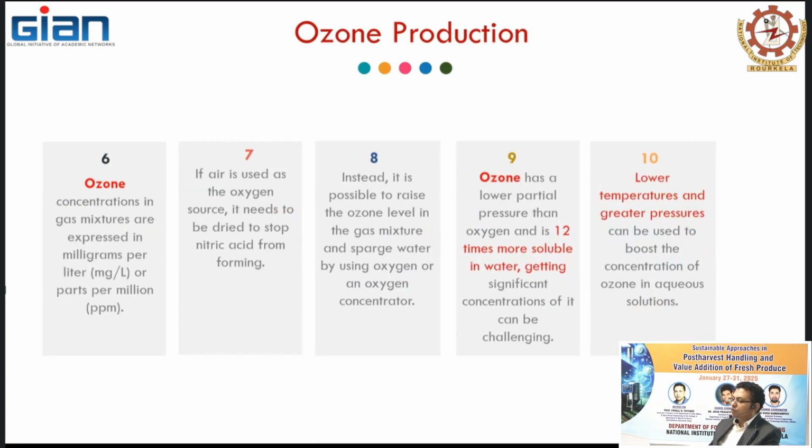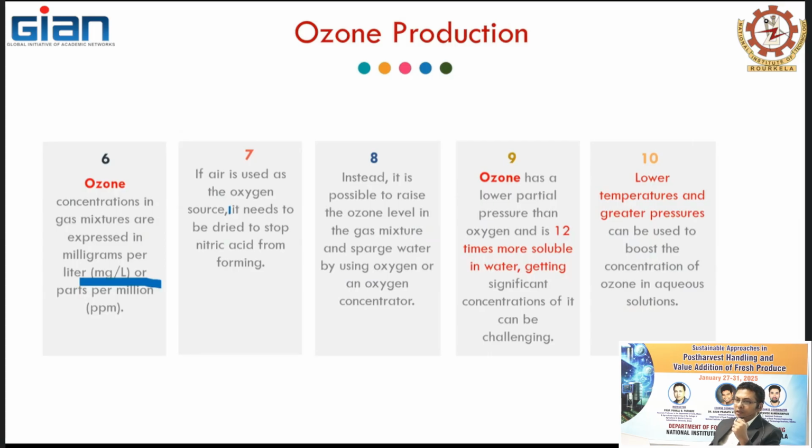Mostly ozone is presented in two ways: milligram per hour or ppm, parts per million. That's the common representation of ozone concentration. And what I mentioned again, when we are generating ozone from air, the air is supposed to be dried.